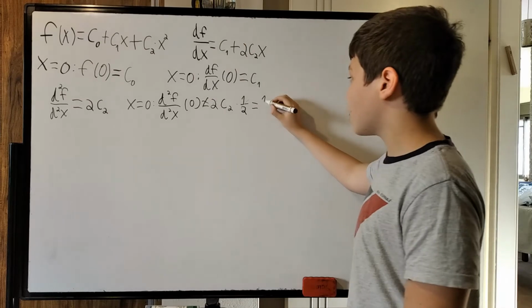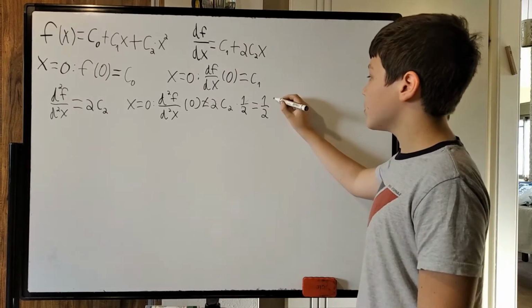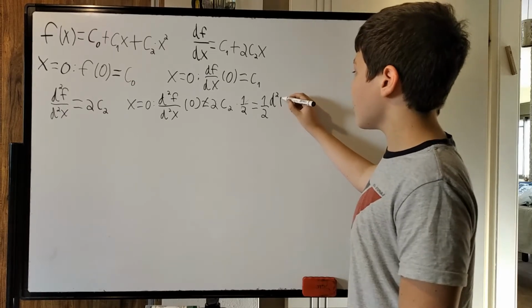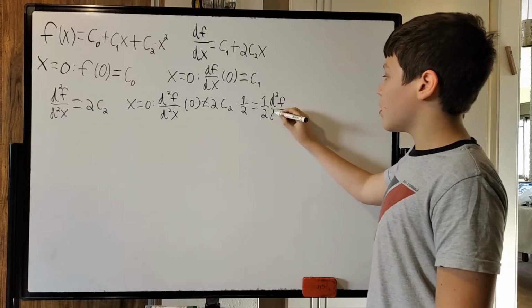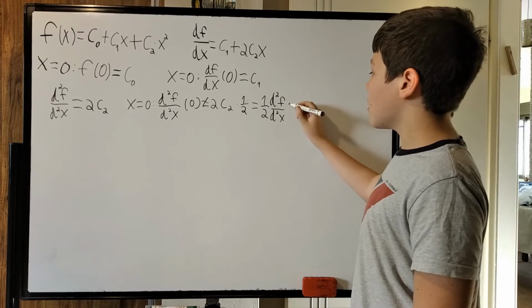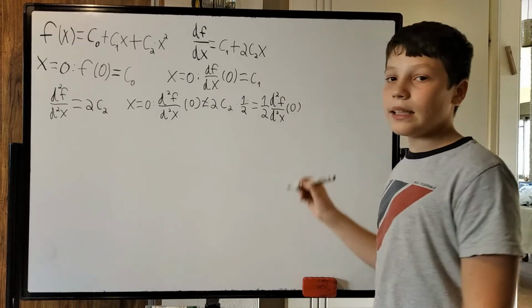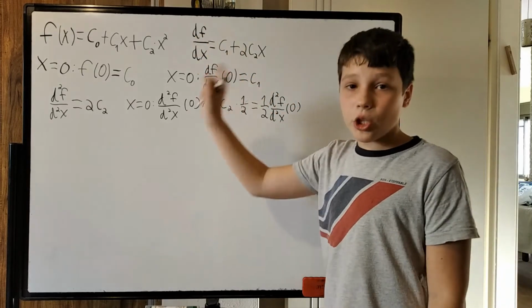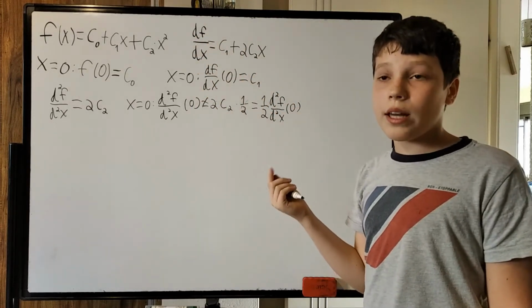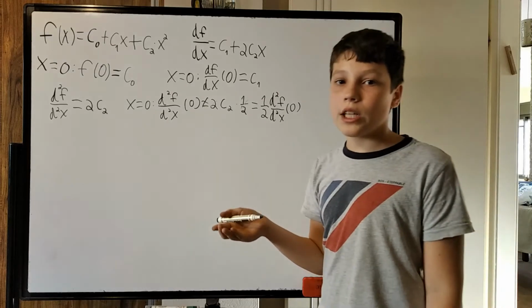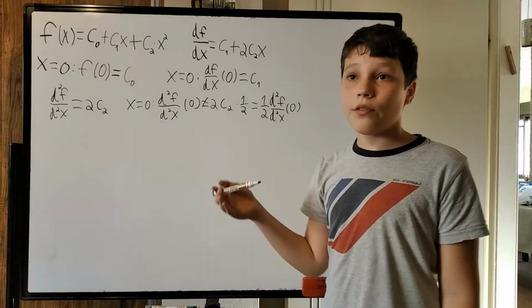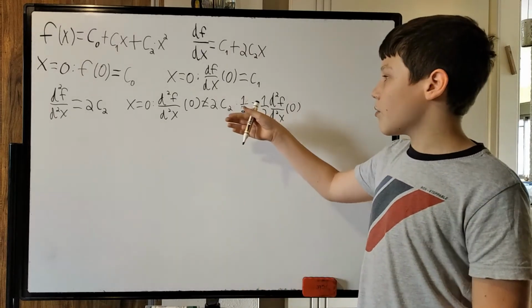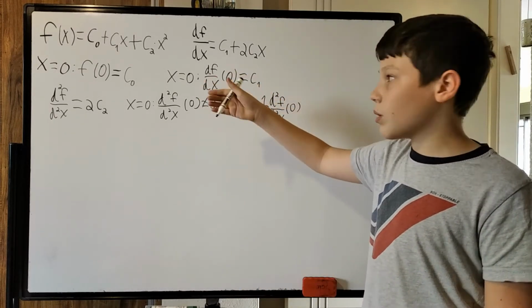We multiplied by 1/2, so 1/2 times the second derivative evaluated at 0 is c2. And then we keep going with this. If we added an x cubed term, we'd be able to find c3, the coefficient of x cubed, then c4 for x to the fourth, just by repeatedly differentiating what we got.